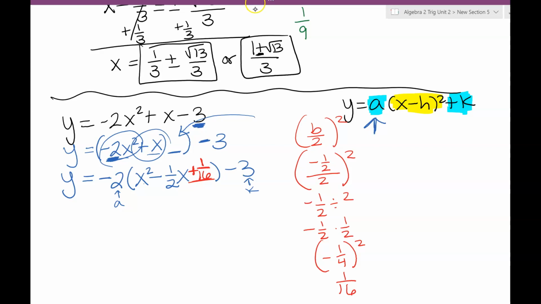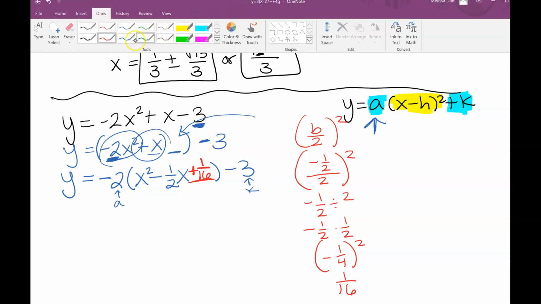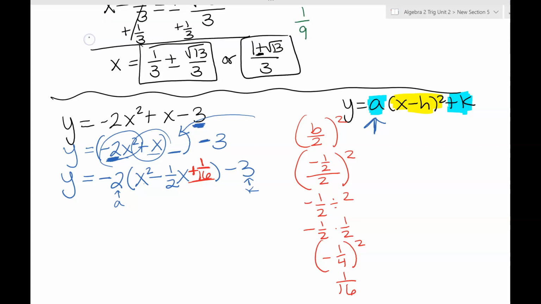Now, a small warning about this 1/16. Our eyes see 1/16, but we have to be aware of what we've really done here. So side note, if I write this and I decide to add 1 here, I've written the number 1, but what is it actually worth? It's actually worth 1 being multiplied by 3, which is 3.